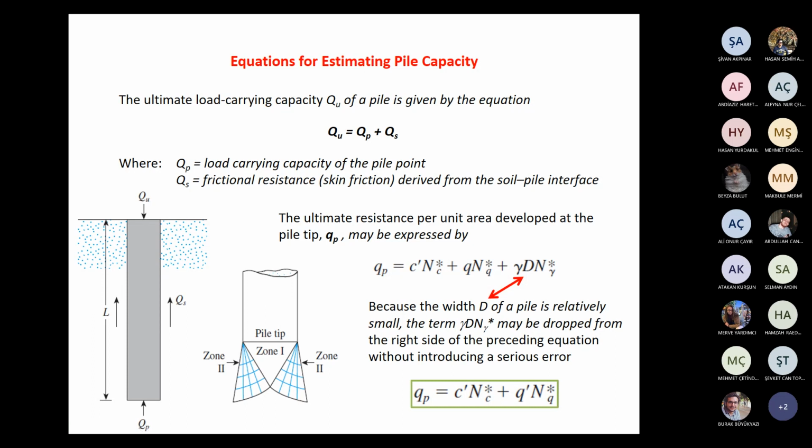Why? Because the width or diameter of a pile is relatively small compared to its length.